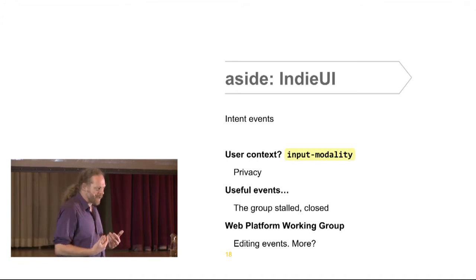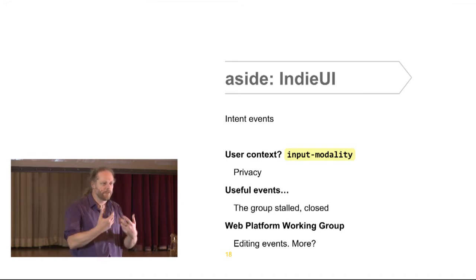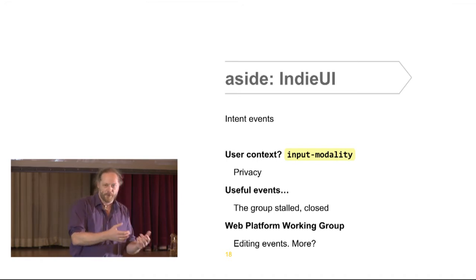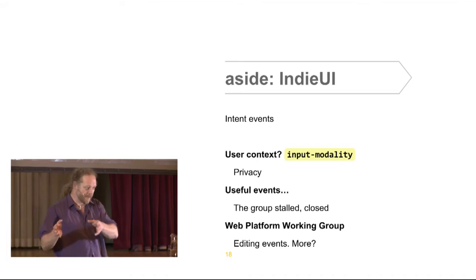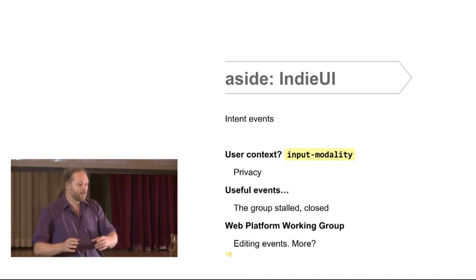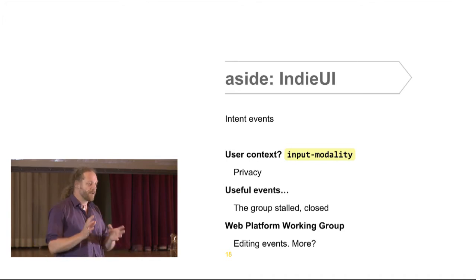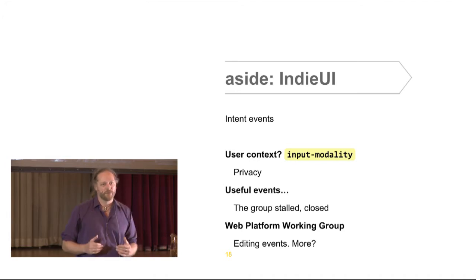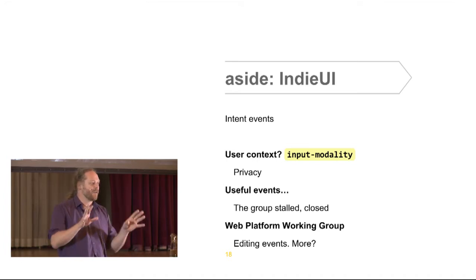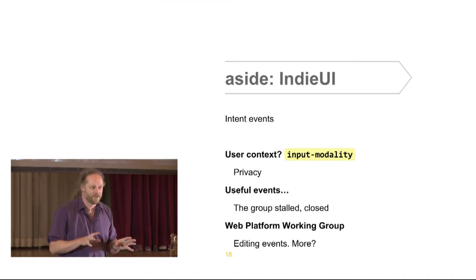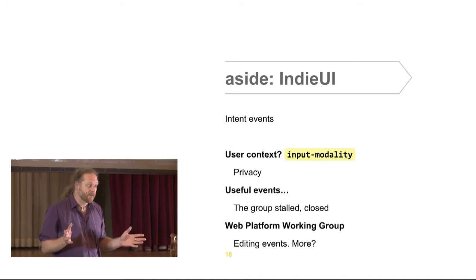The group itself has stalled, partly because the people who are doing that mostly went off to do the editing stuff, which is the same kind of work in a different group. I strongly hope and actually believe that work will go forward. There will be more events that you can get which tell you what the user wanted to do, so that you don't have to try and create their entire interface and what button they should press, because you don't know what buttons they've got.